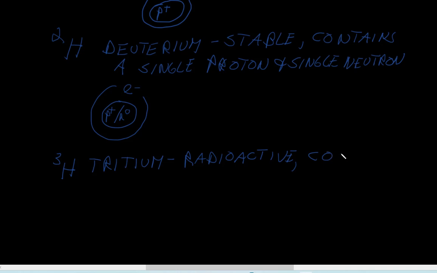And this one contains a single proton. Remember, it's still the atomic number of 1, so they all have 1 proton and 1 electron. It has a single proton and 2 neutrons.